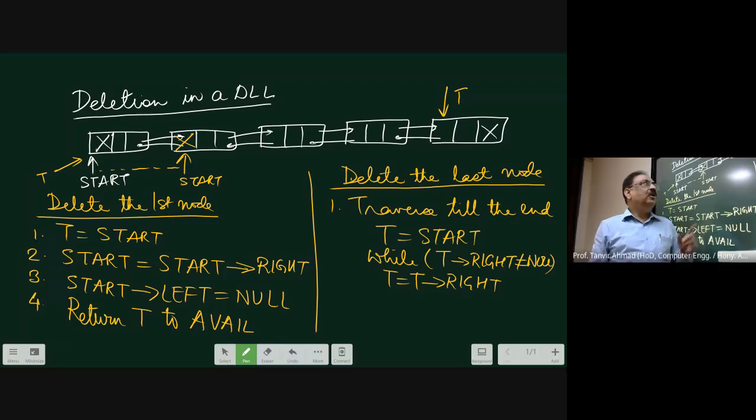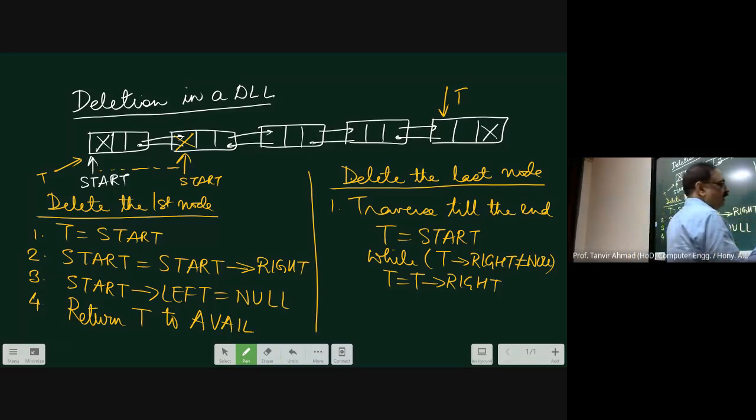Okay. Now here, once you reach T, you have to move T one back. Now there are two ways, and either of them is correct. You can move T one backward and then delete that, or from T itself you can delete. Let us see the first one.